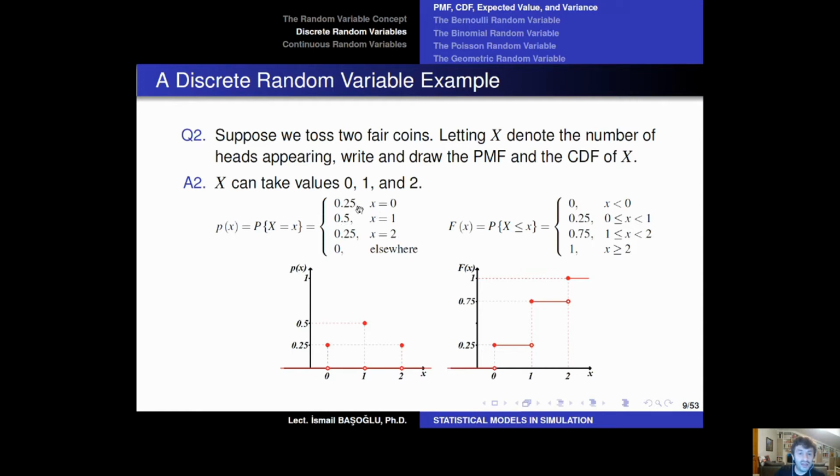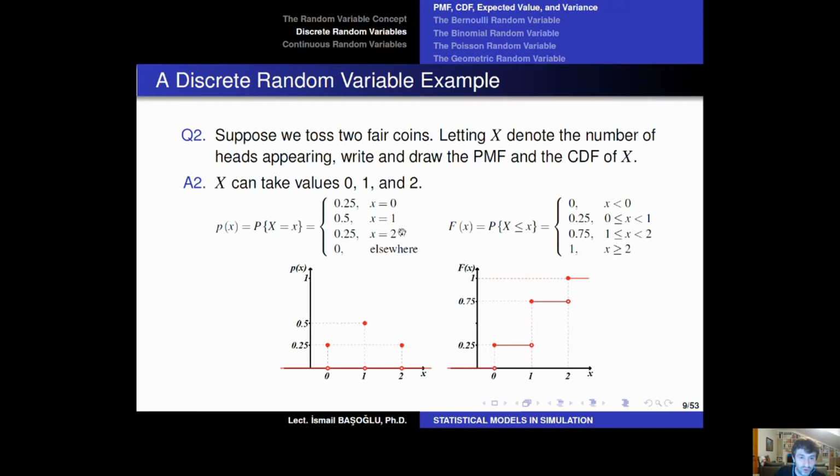In that case, the respective probabilities on random variable are going to be 0.25, 0.5, and 0.25. And elsewhere, we need to indicate that the probabilities are 0. So our random variable cannot take any other value than these possible three values.